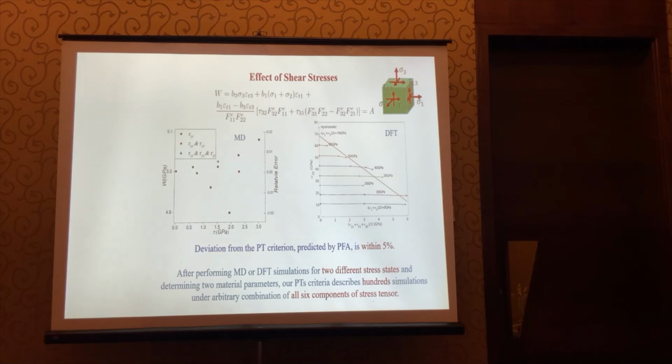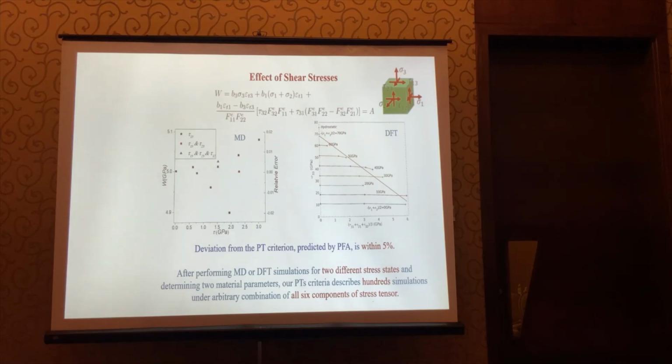When we add 3 shear stresses, we obtain an additional term. This is due to geometric nonlinearity, no additional constants. And again, deviation of this expression from MD and DFT is within 5%.